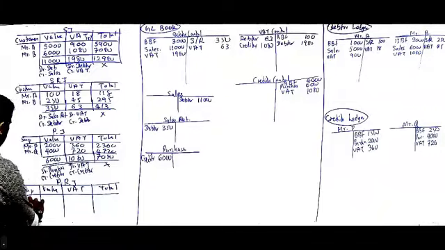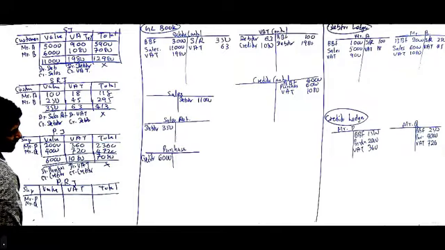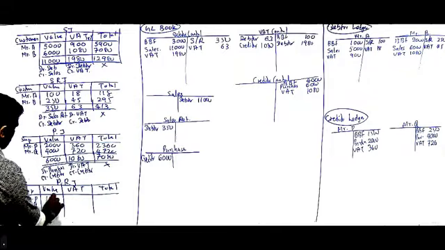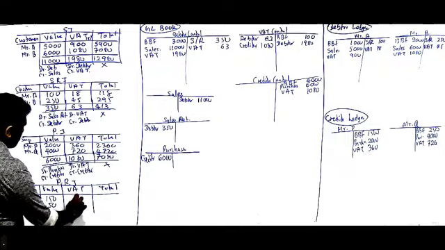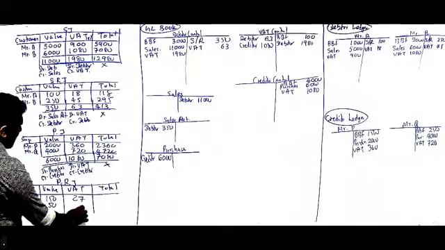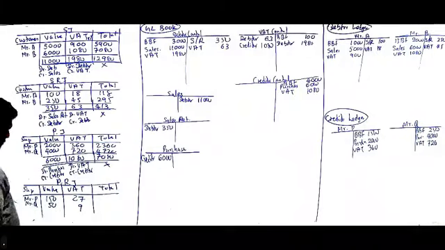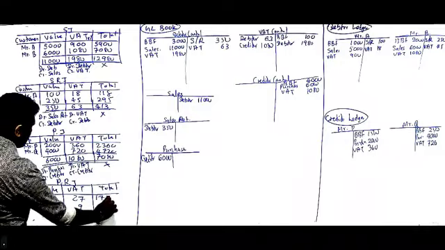So Mr. P is there, Mr. Q is there. What are the values? 150 and 50. So get me the 18%, people. 150,000, 18%, how much? 27,000. 50,000, 18%, 9,000. Correct? Then here 177,000.